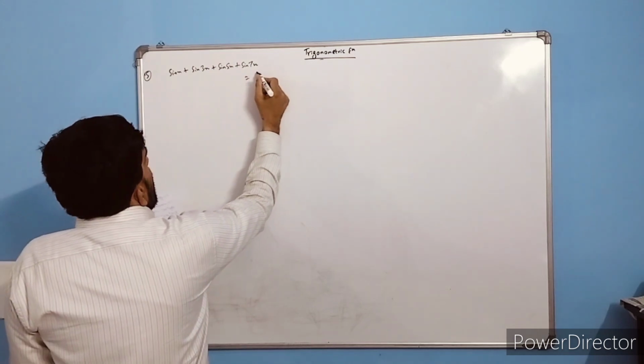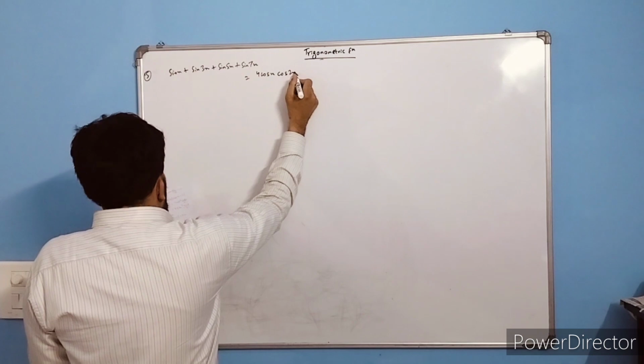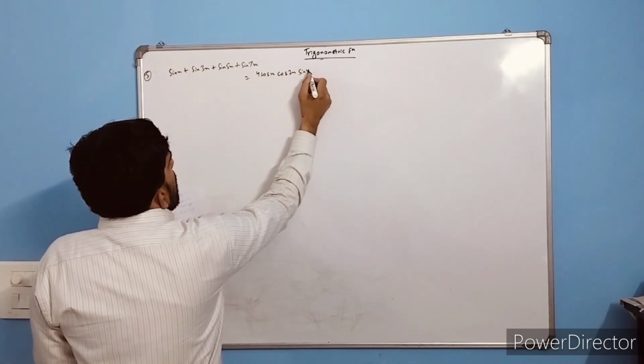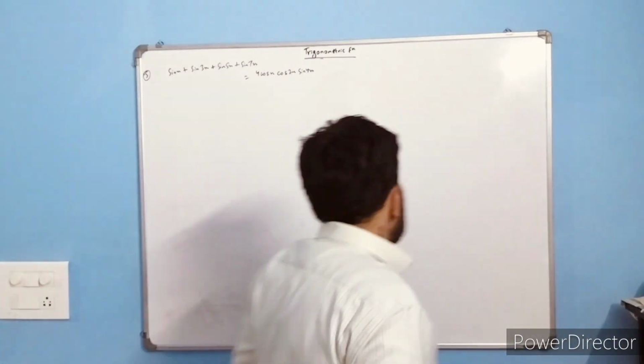We need to prove it equals 4 cos x cos 2x sin 4x. Okay. So now let us try to sort it out.